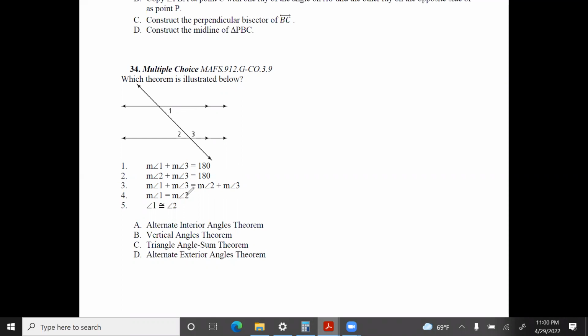Angle 1 and angle 2 are equal because we're able to get rid of 3. And finally, if they're equal, they must be congruent. So they started off with 1 and 3. And then they prove these through being supplementary. Those are either what we call same side interior angles or consecutive interior angles.